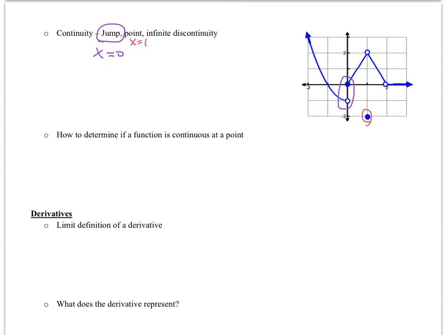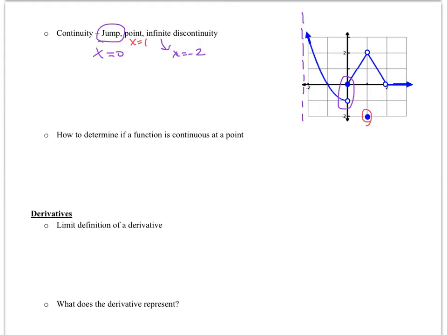We have point discontinuity because there is literally a point of my graph missing. Now, if I were to have a vertical asymptote drawn in here, I don't, but let's just say that I did, then I would have an infinite discontinuity at x equals -2. So even though a limit may exist because it's approaching the same value, there would still be a discontinuity there.